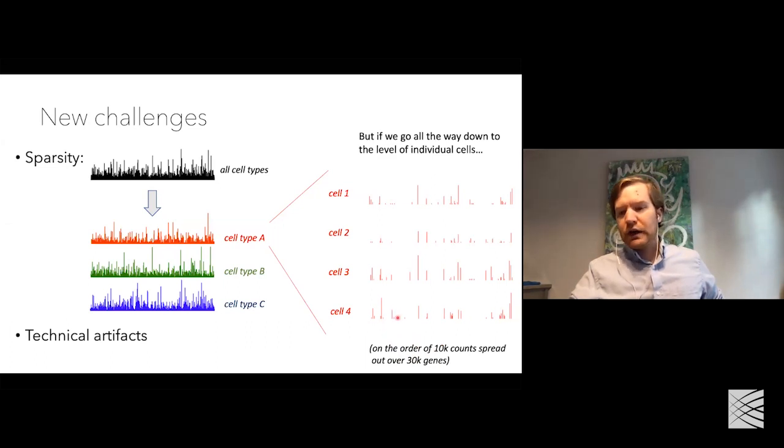And as a matter of fact, if you look at the data, the vast majority of entries are zero. And just looking at one cell is not nearly enough information to directly reconstruct what is the mean expression of the cell type, say. So somehow we have to infer this cell type information from all of these sparse measurements that have a lot of zeros. There are also new technical artifacts that come about in single cell data. We'll go over them very briefly later.